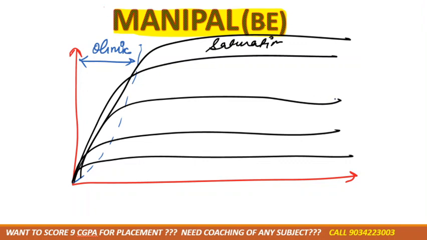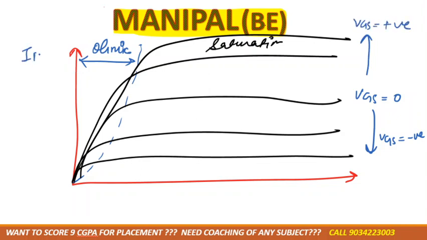Now, I'll tell you what they are saying. VGS is here, VGS is negative here, positive here, and here is the current ID. Here VGS is positive.